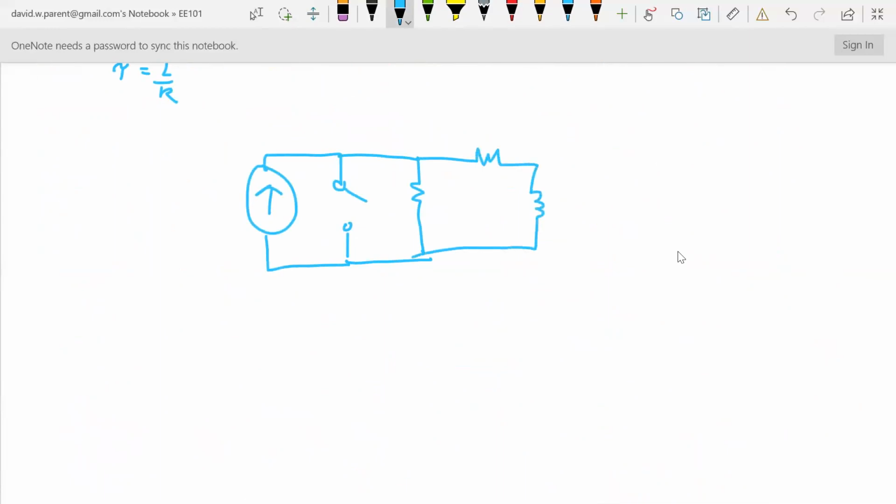All right. The switch closes. Well, what happens is the switch closes and it shorts this resistor. And so you really get e to the minus R2 divided by L. But when we open it, that resistor is not shorted, okay?